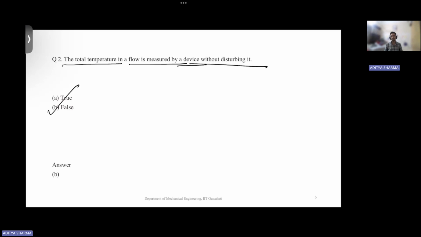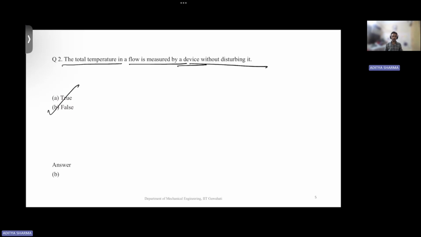This is there in experiments. If you compare the experiments with your computational numerical methods, in numerical methods you can get your whole flow field as it is.